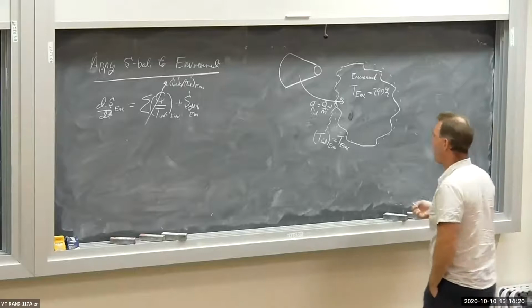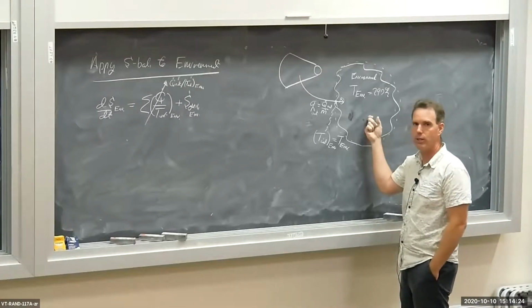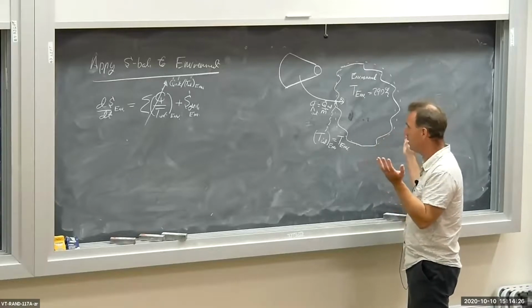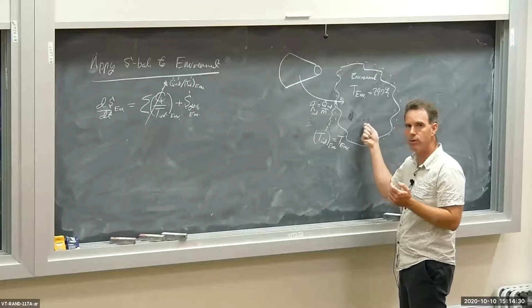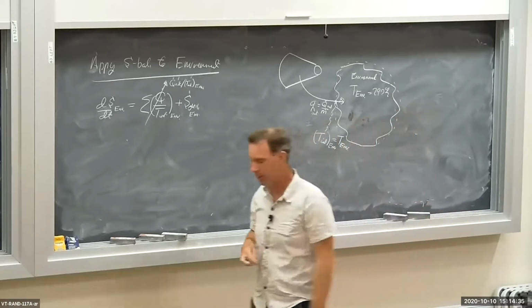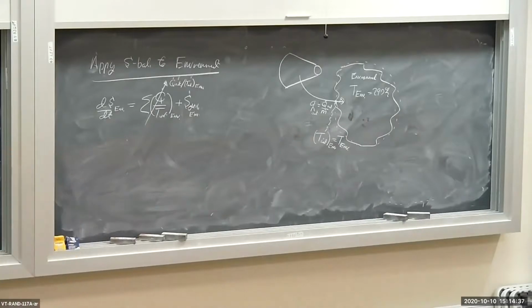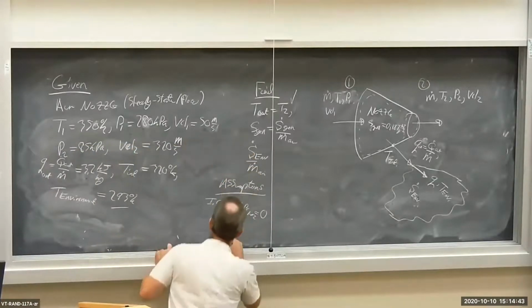Presumably, we don't have any friction in the environment or any unrestrained expansion. I don't have any information. The point is, I'm going to assume that there are no irreversibilities occurring in the environment. So I'm going to make a big assumption here that S gen in the environment is 0.